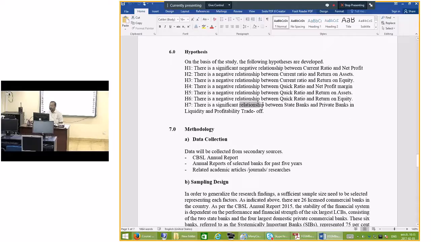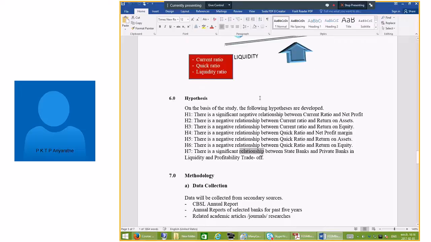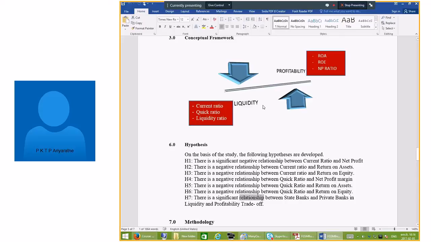Which methodology do you use? Simple regression, or what statistical technique do you use to check liquidity and profitability? One is time series analysis, because I want to check over the years how the same institutions have changed, whether there is a change in this relationship.